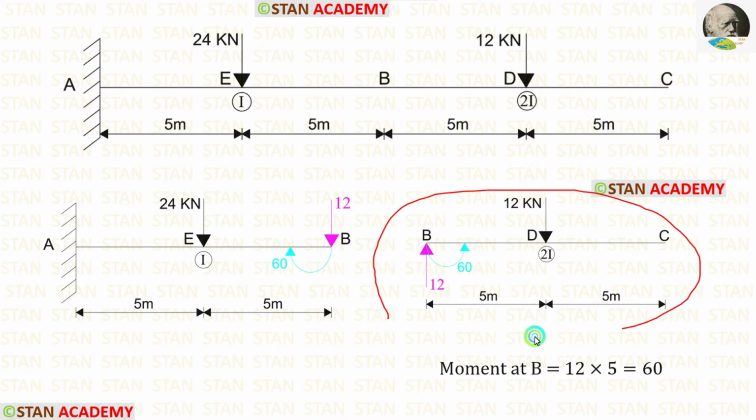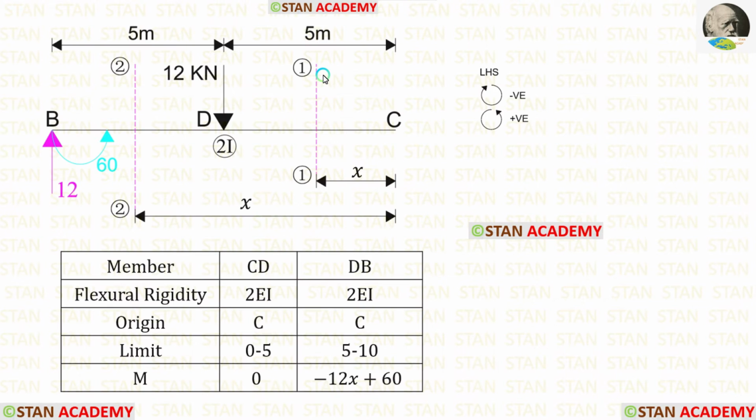Now, let us take BC and find the moments in the sections. In BC, we have made two sections. The first section in CD, the second section in DB. I have made both of the sections at a distance of x from the point C. For the span BC, the moment of inertia is 2I, so the flexural rigidity for CD and DB should be 2EI.